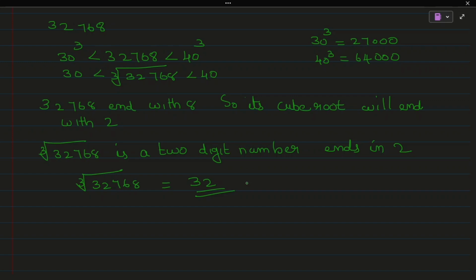And estimation also: if an unfamiliar number is given to find the cube root without using factorization, then first you have to estimate the values, that is between 30 and 40, 20 and 30, like that. Then you can understand if it is a 2-digit number or not. Okay, so I hope all of you understood this.